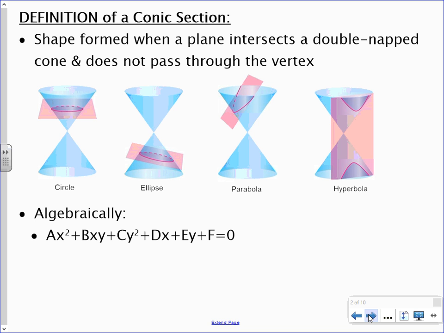Algebraically, you're going to get something like this, where we could have an x squared term, an xy term, a y squared term, an x term, a y term, and a constant. Depending on which of these variables are present will determine which type of conic section we have.